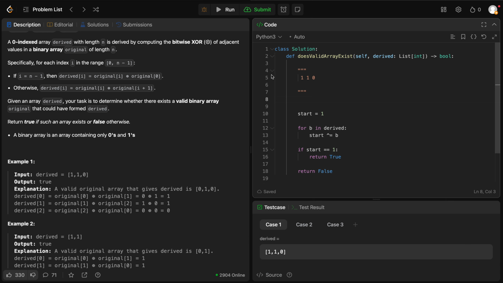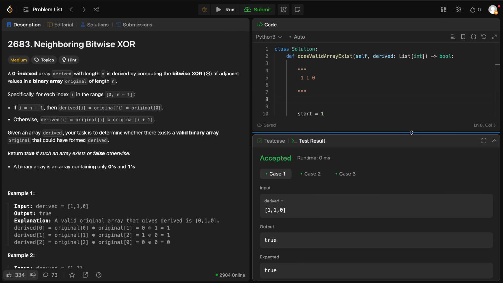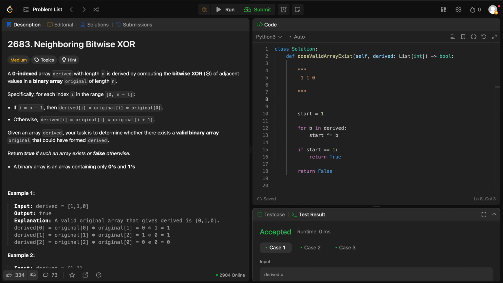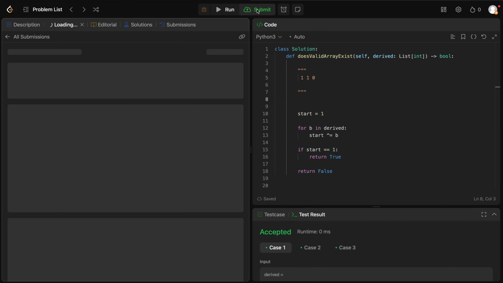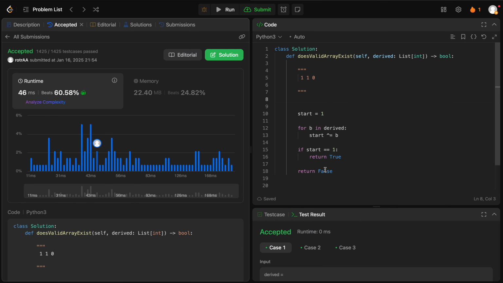Let's try to run this. Okay, I think this makes sense, and it works. So this is quite an interesting one. Essentially you just have to simulate what's happening and decide one.